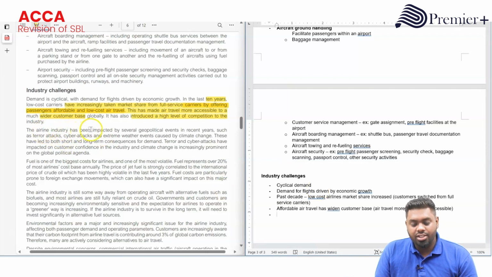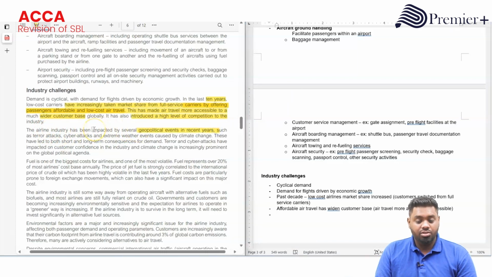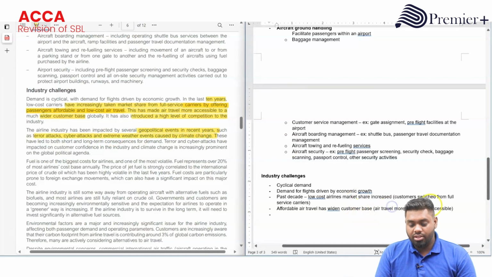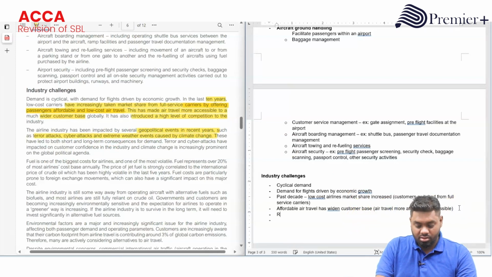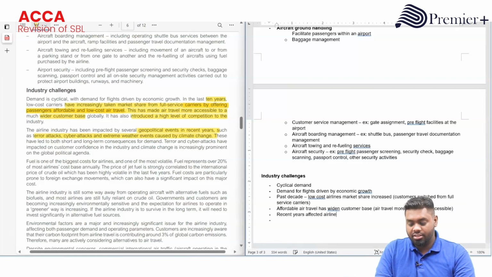The airline industry has been impacted by several geopolitical events in recent years, such as terror attacks, cyber attacks, and extreme weather events caused by climate change.